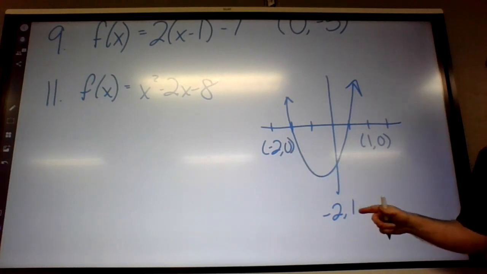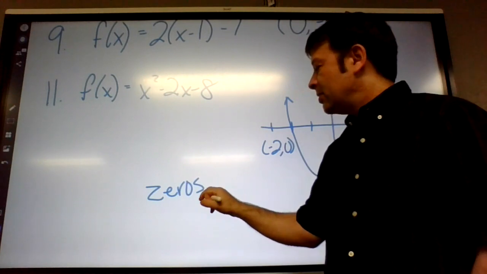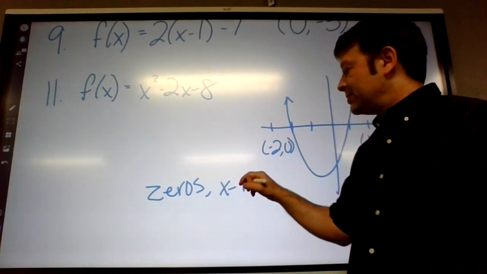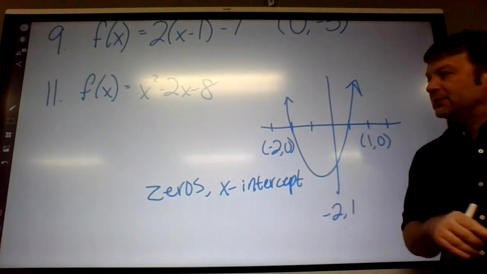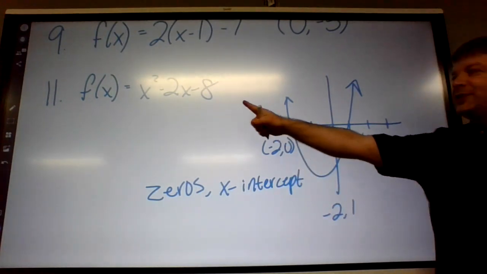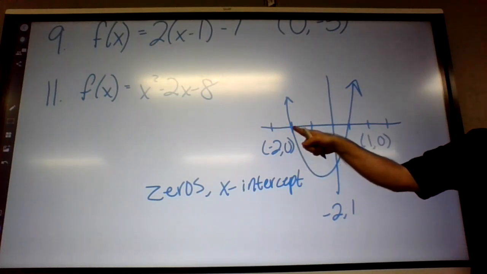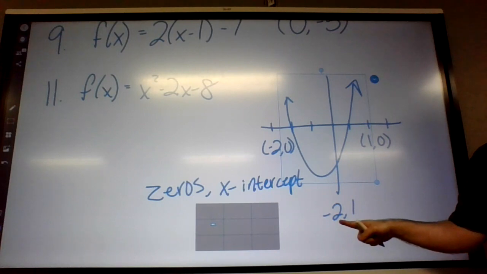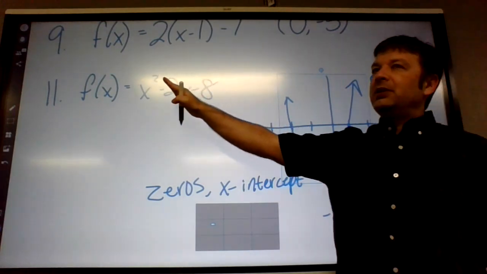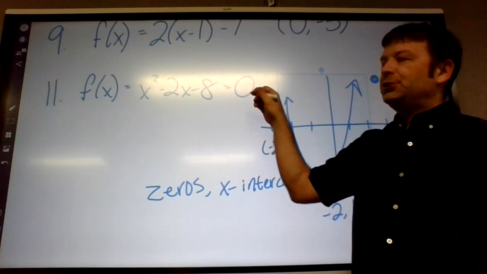So the zeros of the function are also the x-intercepts. It's where it crosses the x-axis. I just made up a graph. This does not go with number 11, by the way. If it crossed through -2 and 1, those would be the zeros of the function. They would be the numbers that, when you plugged them in, made all this equal 0.